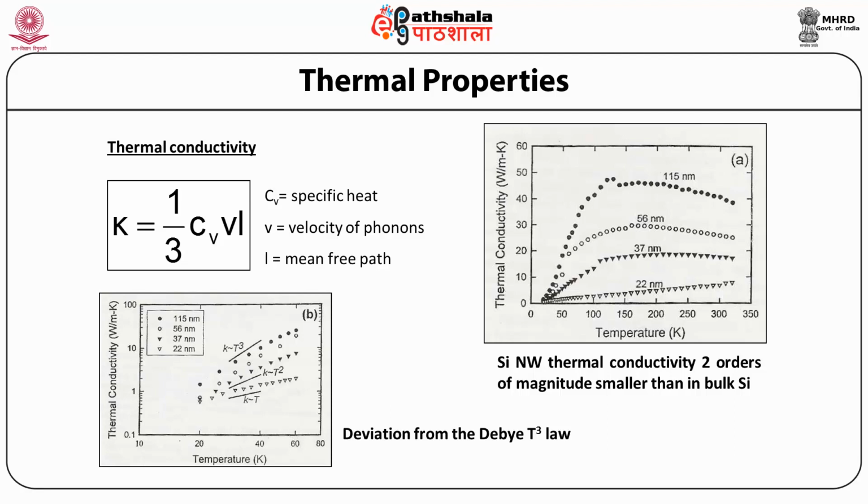At the smallest wire diameter of 22 nanometer, a linear temperature dependence of K is found experimentally, consistent with a linear T dependence of specific heat for a one-dimensional system and a temperature-independent mean free path and velocity of sound.